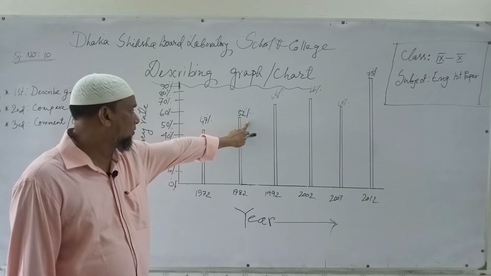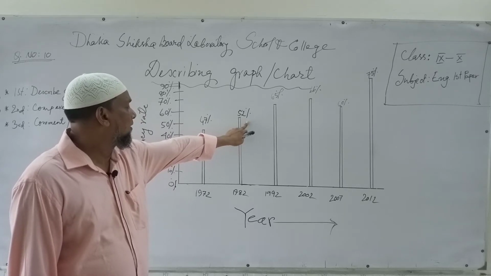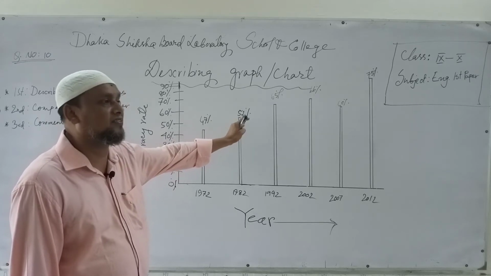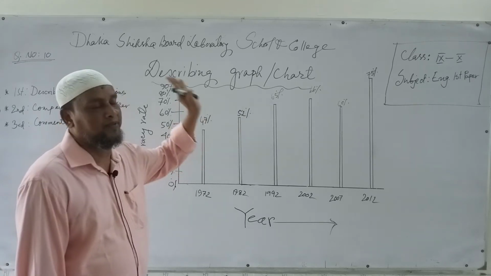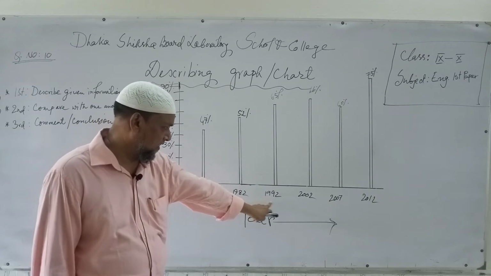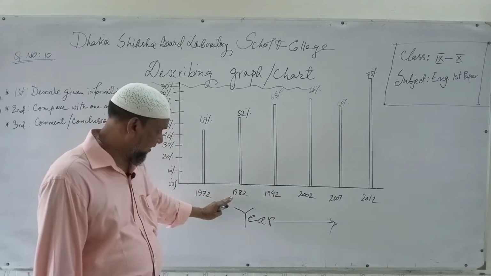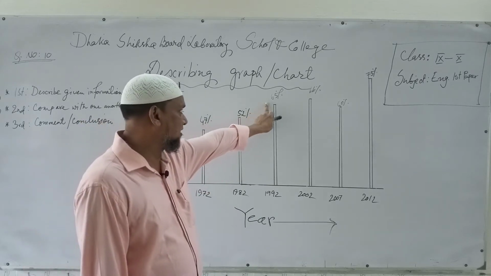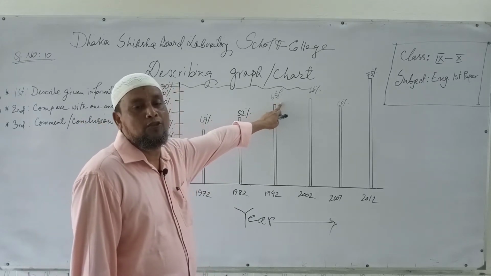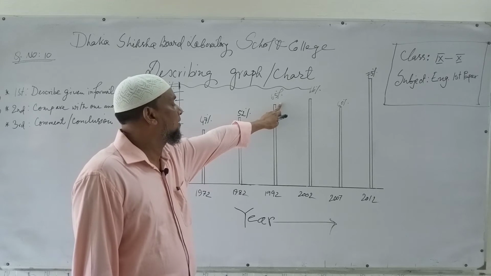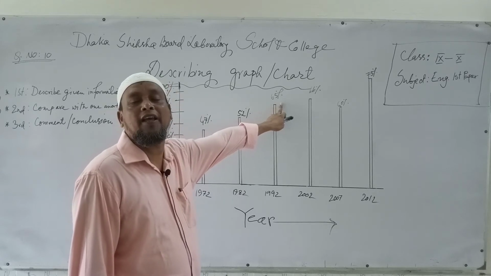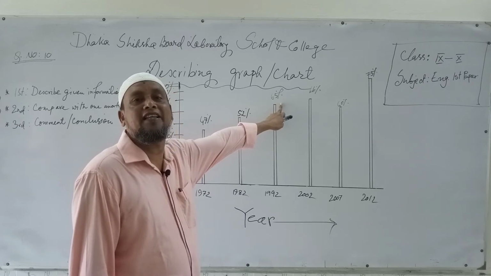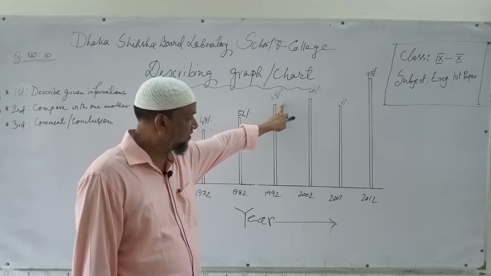So, the number of increasing percent was 5. In 1992, after another 10 years, it became 65%. So, this is also a very good thing for increasing the literacy rate.